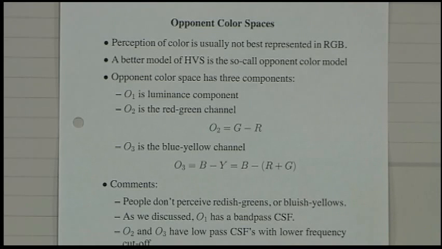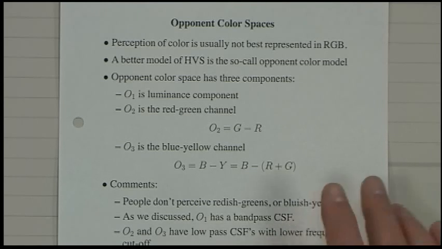That's why I asked you earlier, is there such a thing as a reddish green or a bluish yellow? That doesn't perceptually make a lot of sense. I mean, you can certainly take blue and yellow and mix them together, but if you add blue and yellow, you'll just get white.